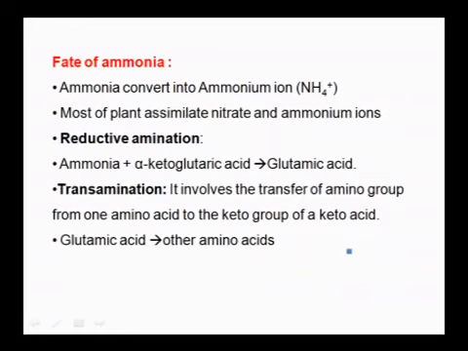Finally, glutamic acid is involved in the formation of other amino acids. This is the final fate of ammonia. Nitrogen is converted into ammonia, which enters the plant body in the form of nitrates and is involved in the formation of amino acids.